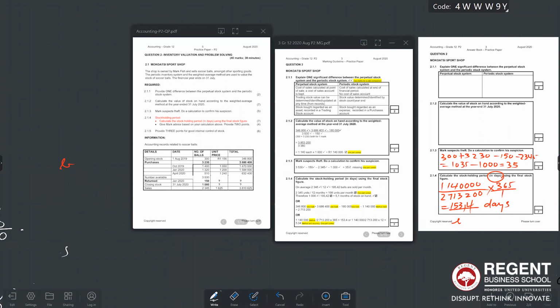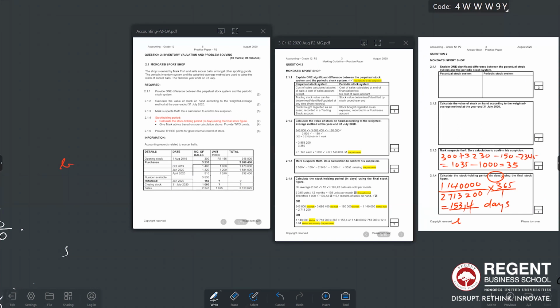I sold 2,345 soccer balls. If you look at the question paper, they gave you the sales. They told you how many you sold. You sold 2, 3, 4, 5. That's how many soccer balls you sold.